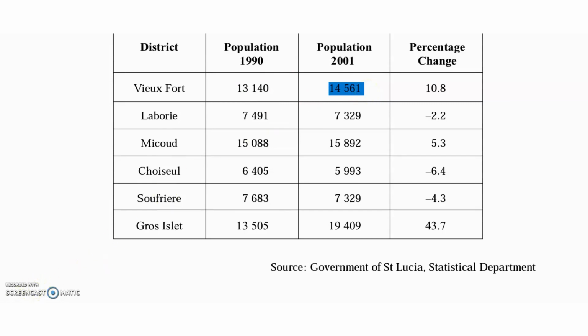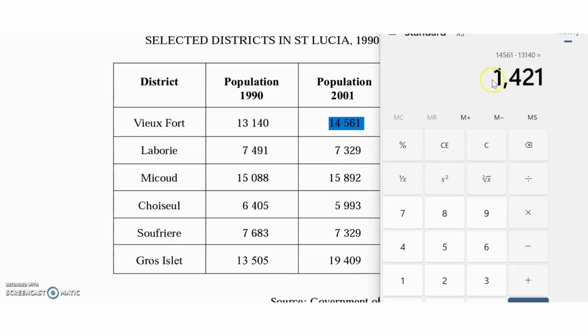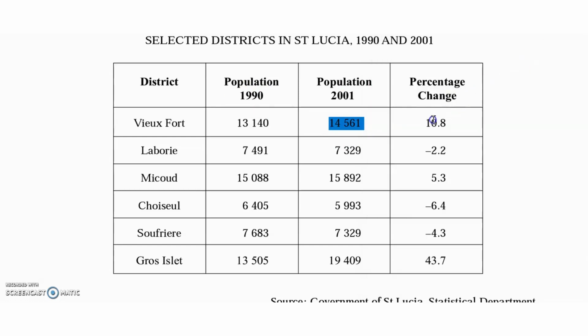Let's calculate that quickly: 14,561 minus 13,140. The population from 1990 increased by 1,421. Keep that in mind. As you can see, there was a 10.8% increase, but the question asks by how much exactly the population increased, so keep that in mind.